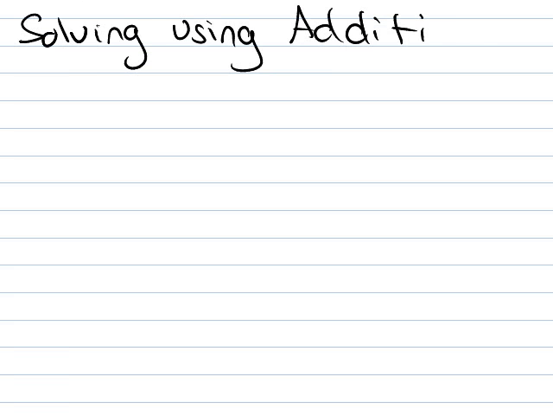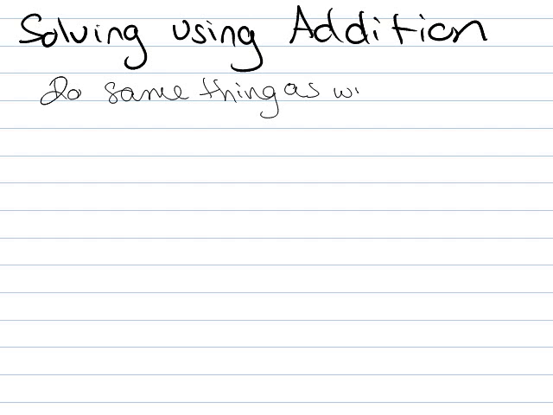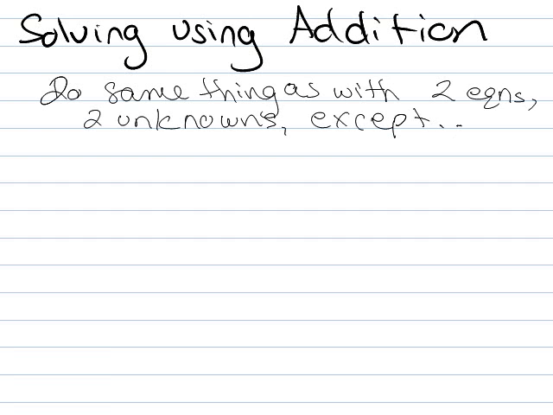To solve these three equations with three unknowns, we're going to primarily use the addition method. So, solving using addition. We're basically going to do the same thing as before, the same thing as with two equations and two unknowns, except, kind of.